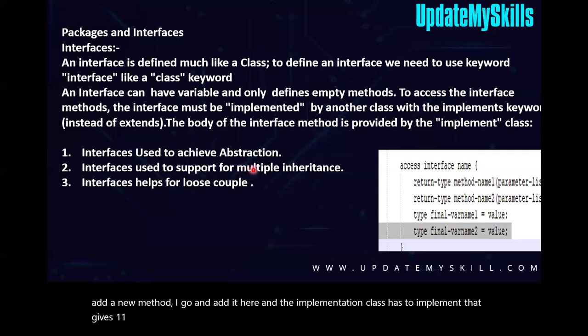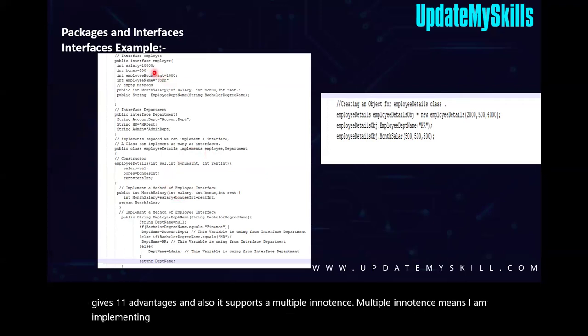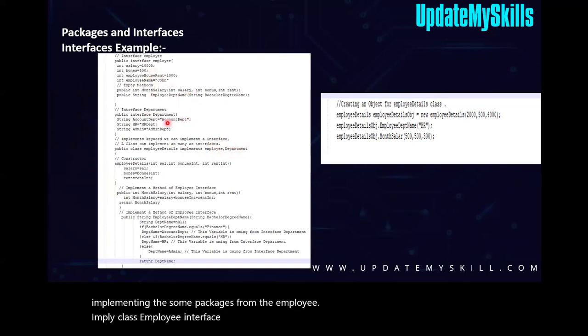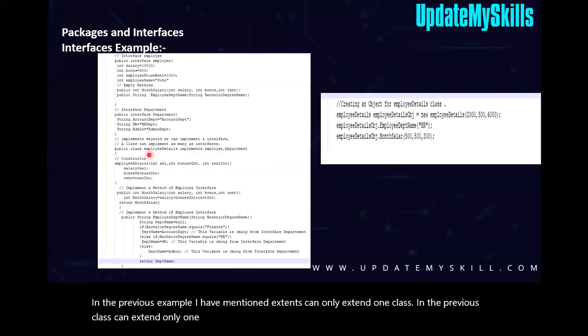And also it supports multiple inheritance. Multiple inheritance means I'm implementing some methods from the employee interface, and some of them I can do from the department interface also. In the previous example, I mentioned that a class can extend only one class. A class cannot extend multiple classes.